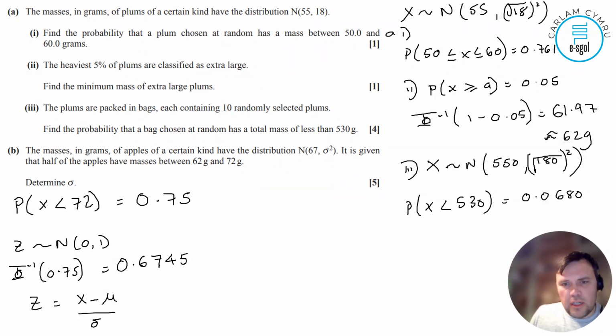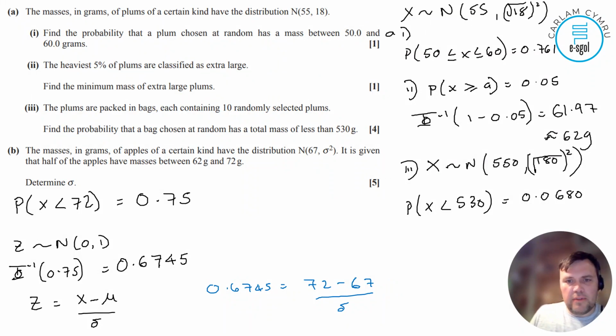I change color so that it doesn't get lost. Then substitute everything in and rearrange. So the z value is 0.6745, and that is equal to 72, because that's the one I chose, minus the mean, which is 67, over the standard deviation.